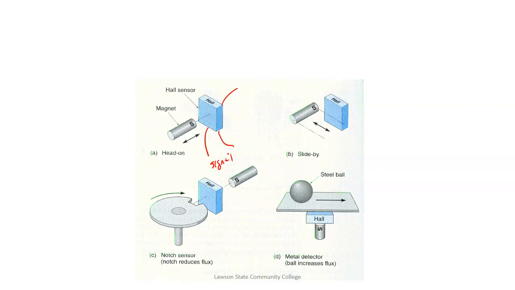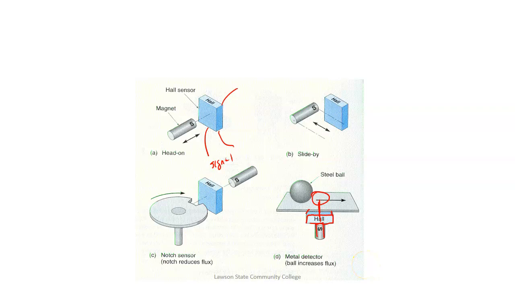Now, we can make a Hall effect appear to sense metal by doing what they're doing here. Here's the magnet, here's the Hall effect sensor, and then we roll a metal ball across it. What happens when the metal ball comes across is it concentrates the field through the magnet, and the Hall effect will pick that up.